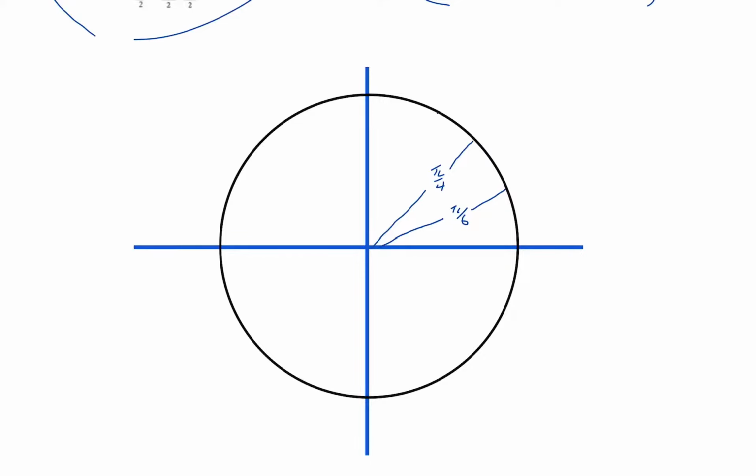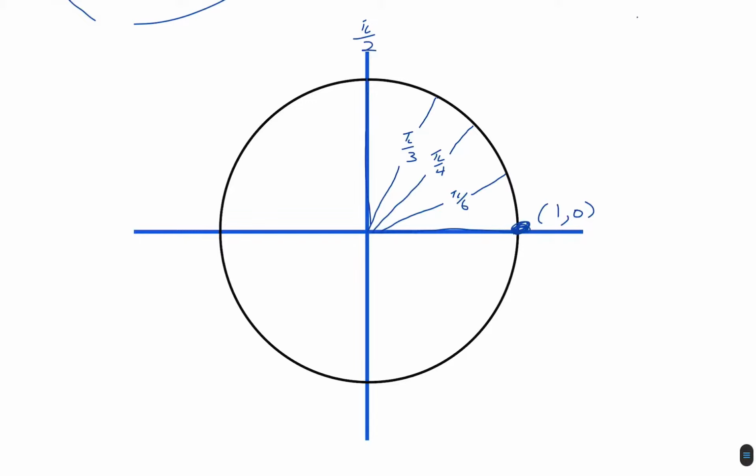And here is pi over 3. Okay. And here is 0. And here is pi over 2. So this point right here is 1 comma 0. Right?